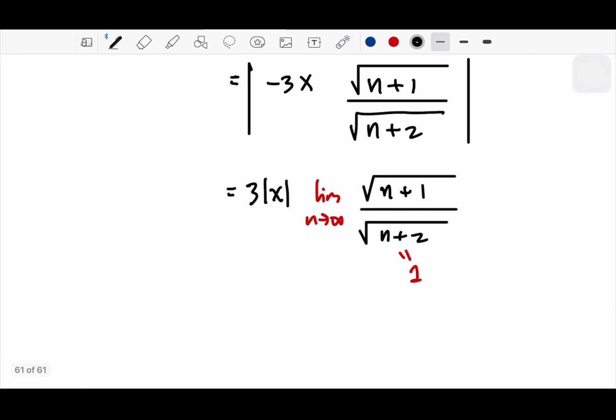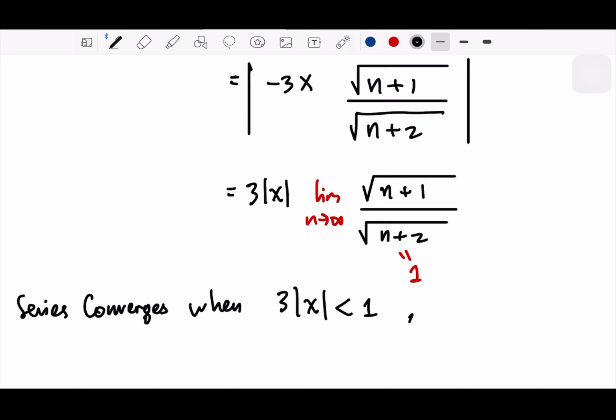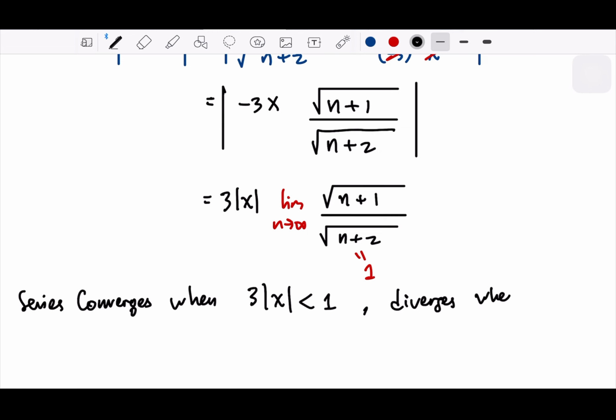So the series converges when 3|x| is less than 1, and diverges when 3|x| is greater than 1. Okay.